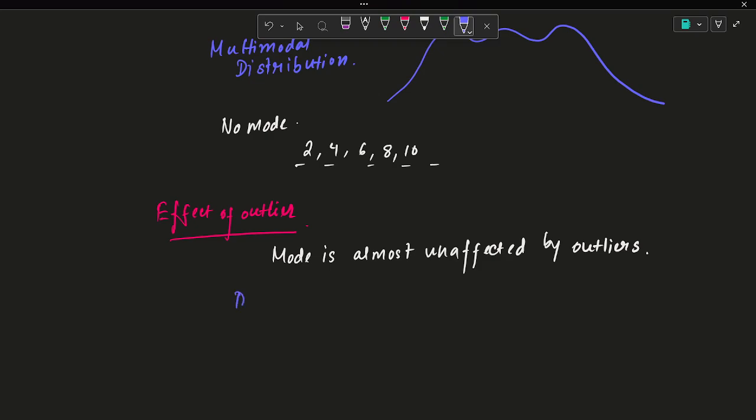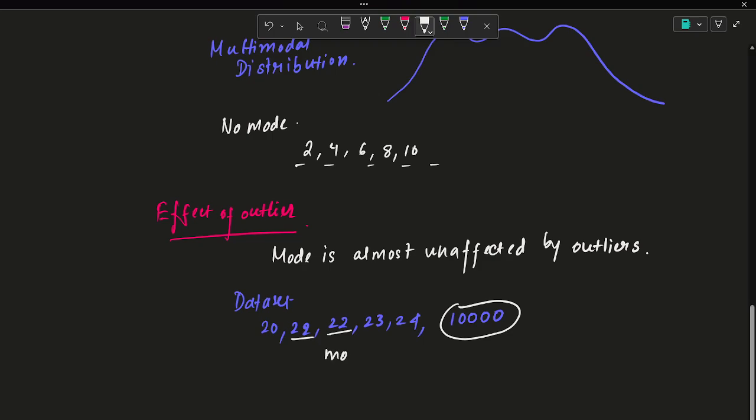Let's suppose you have a data set like 20, 22, 22 again, 23, 24, and after that you have a value like 10,000. Now it will not consider this outlier value because it is considering how many times any value appears. So here, as you can see, this value 22 appears twice.